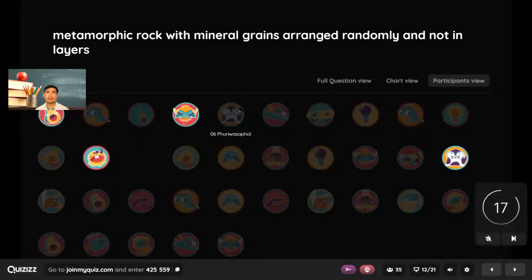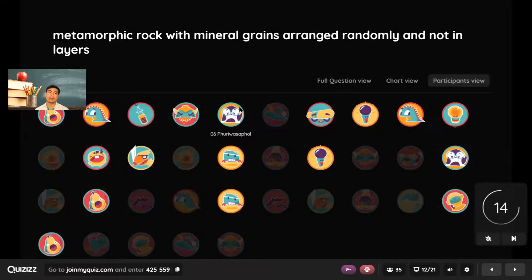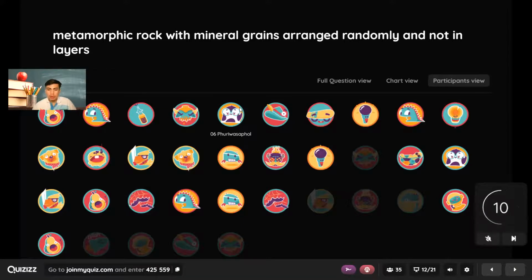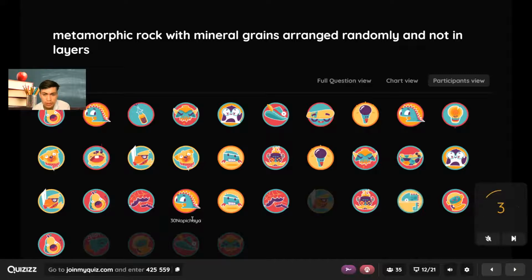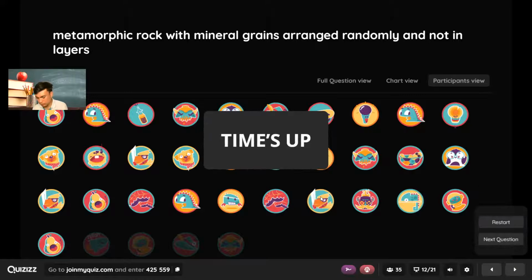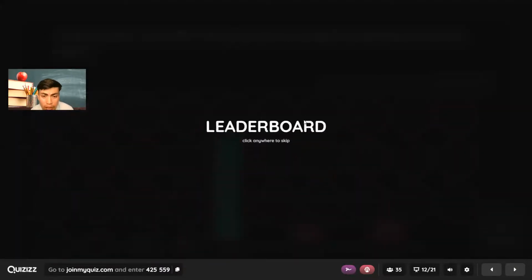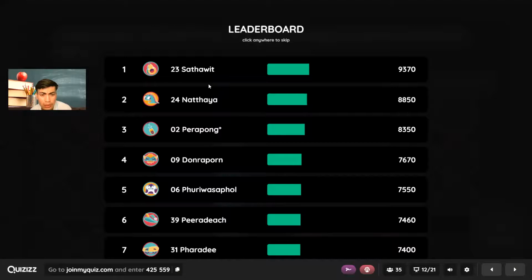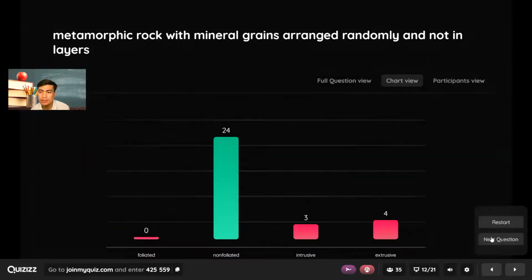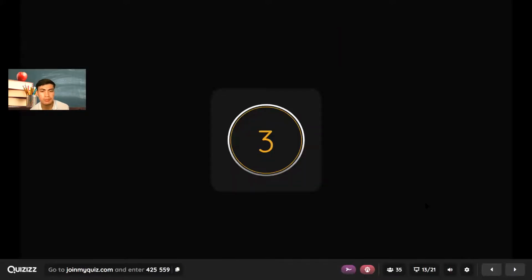Metamorphic rock with mineral grains arranged randomly and not in layers. What do we call it? Natcha answered. Let's see if there are any changes in the leaderboard. Nothing. All right. Just a very simple question.